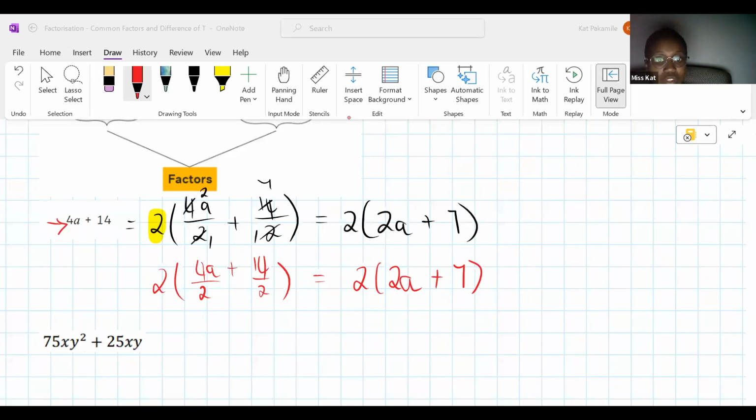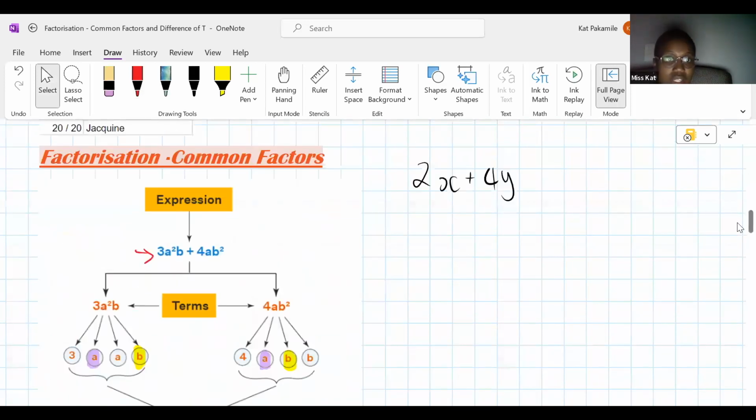Itumeleng has the answer. Itumeleng. Hi, ma'am. I wanted to answer it. Let's do it. So 2x and 4y have the same factor, which is 2. So we're going to say 2 in brackets, 2x divided by 2 plus 4y divided by 2.